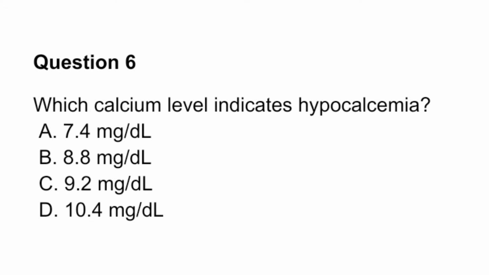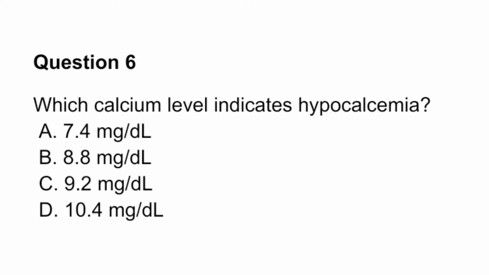Question 6. Which calcium level indicates hypocalcemia? A. 7.4 milligrams per deciliter. B. 8.8 milligrams per deciliter. C. 9.2 milligrams per deciliter.